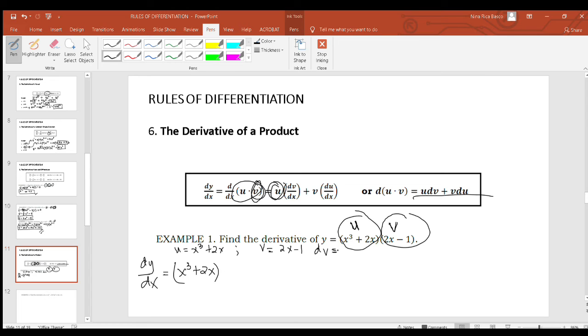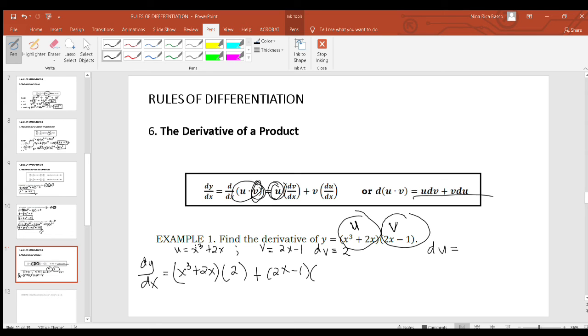Therefore, the dv natin is 2, times 2, plus v, which is the 2x minus 1 multiplied by the derivative of u. Ayan, hanapin muna natin yung derivative ng u.